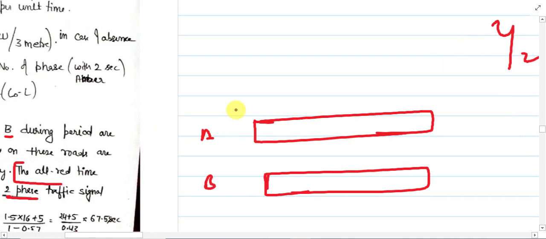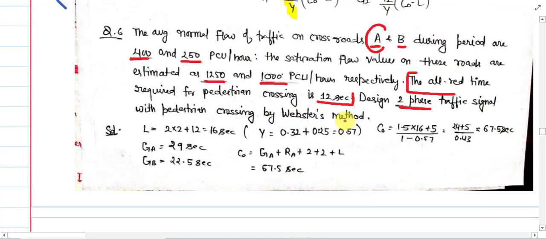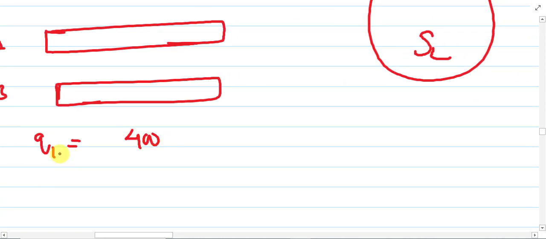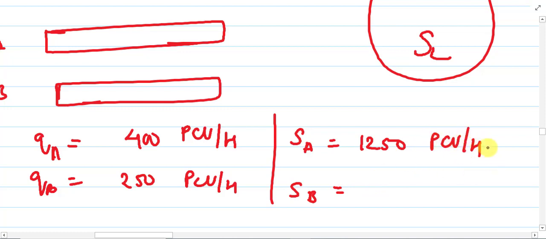Okay, so we have QA, 400 PCU per hour, and QB is equal to 250 PCU per hour. For similar condition, we have saturation A and saturation B. Saturation A is 1250 PCU per hour, and here it is 1000 PCU per hour.